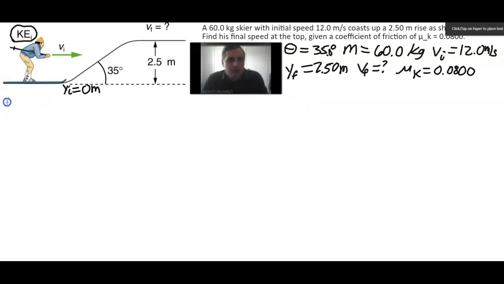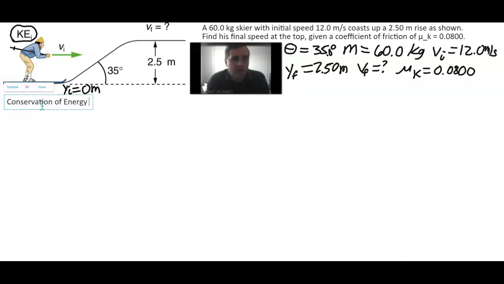Okay, so the conservation of energy equation here should be something like the following. It should be the initial kinetic energy, which we said, so that's K initial, capital K initial, is equal to K final, that's the final kinetic energy. Oh, and then hang on, I forgot something. On the left-hand side, indeed, the skier is having kinetic energy, but the friction is taking energy away the whole time.